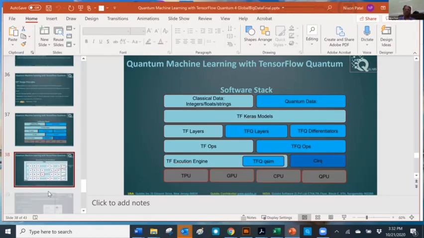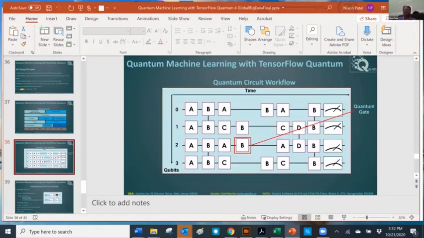So this is a typical layman's, very toy kind of scenario of how a circuit workflow would be. If you look at the y-axis, you have 0, 1, 2, 3 qubits. Each of them is a qubit, and the horizontal lines represent time. It's a progression in time where different gates and different operations are applied.